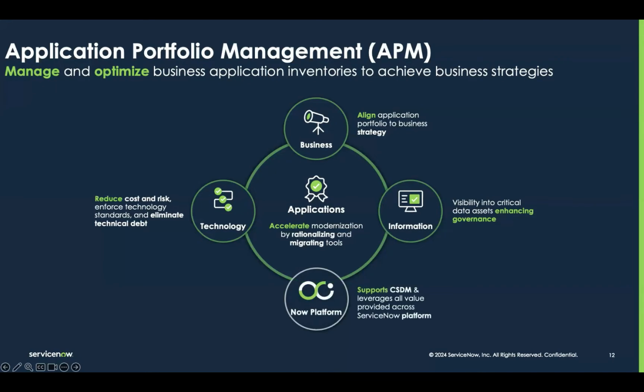And then finally, we have CSDM. This is where we tie APM, and this is the real trick of APM, into everything else. We have that visibility into operations and services. How do these things really manifest and run? What services are they supporting and helping to deliver?